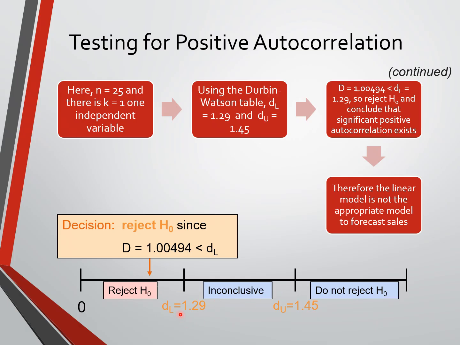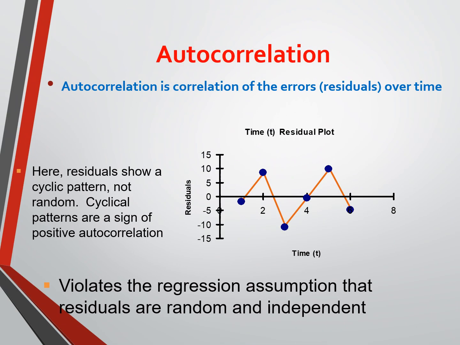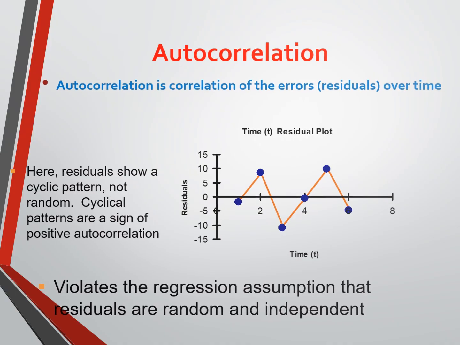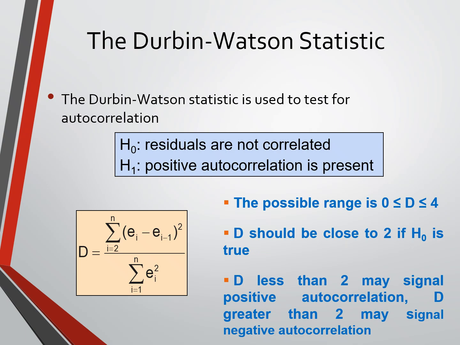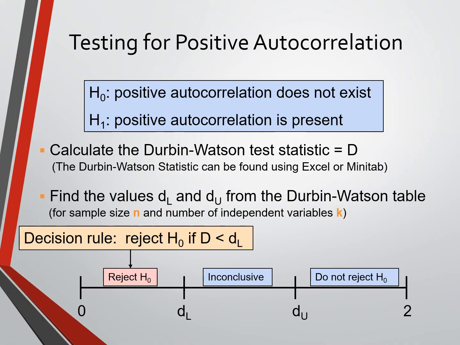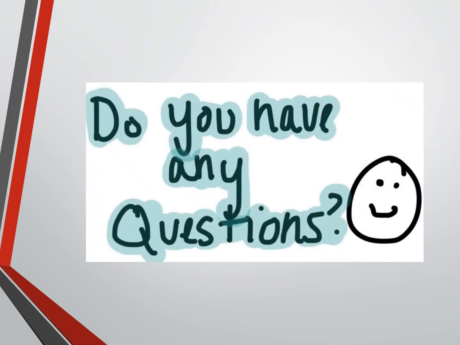But if your Durbin value is between 1.29 and 1.45, your autocorrelation result is inconclusive. This is what has been presented graphically. Formula you are supposed to mention in chapter 3.